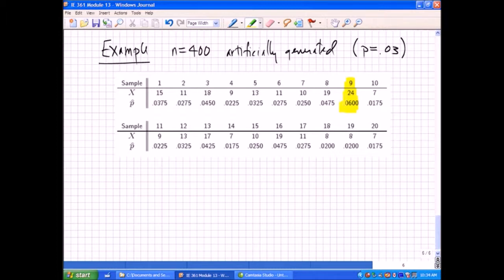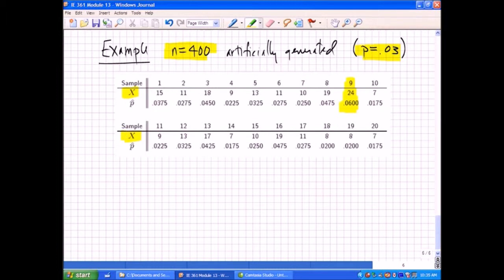But the other 19 of these x's are realizations of binomial variables with n of 400, p of 0.03, and that's what's in these x rows here.